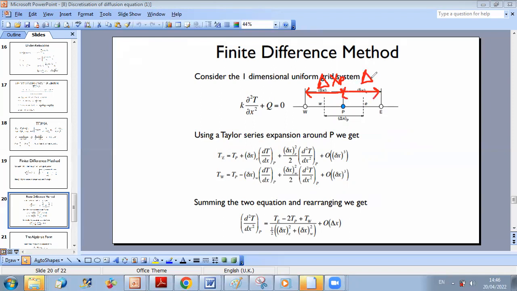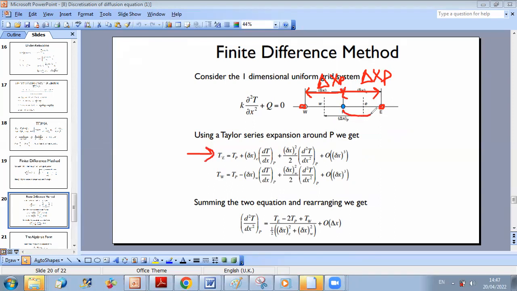Now, once we do this, we can use the Taylor expansion around point P to get the temperature at east and the temperature at west of P. So let us start with TE. You know that the Taylor series expansion has the following form.